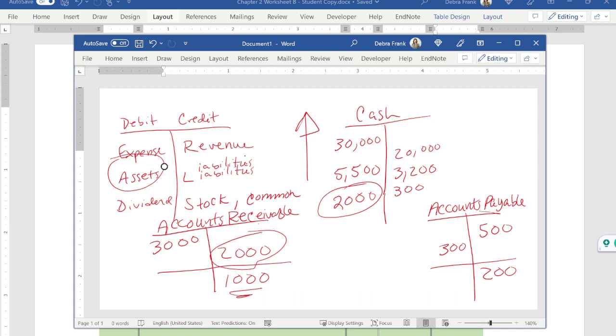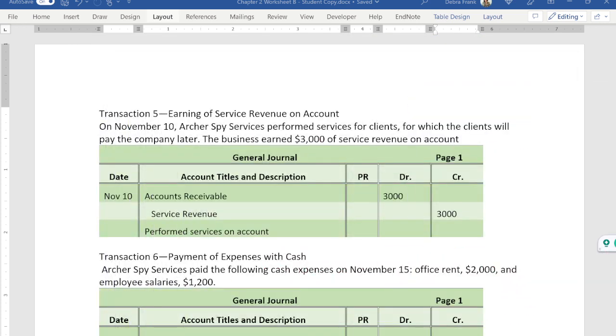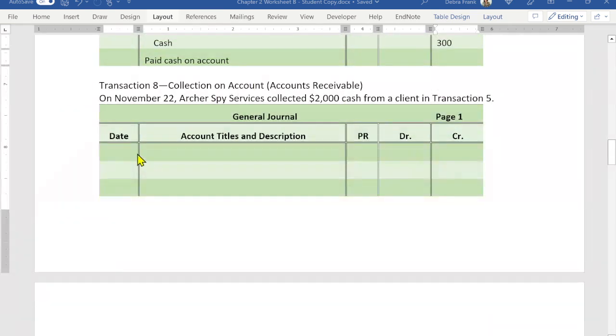But we got our transaction, we got our journal entry one, we got the 2,000 for a debit, and then the accounts receivable for a credit. So let's go ahead and record those two that I circled. Remember, debits first, so we got cash for 2,000 bucks.